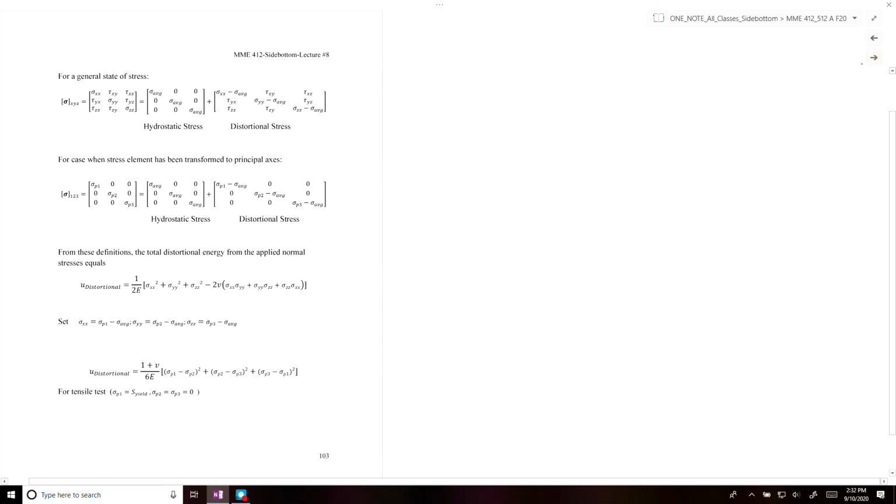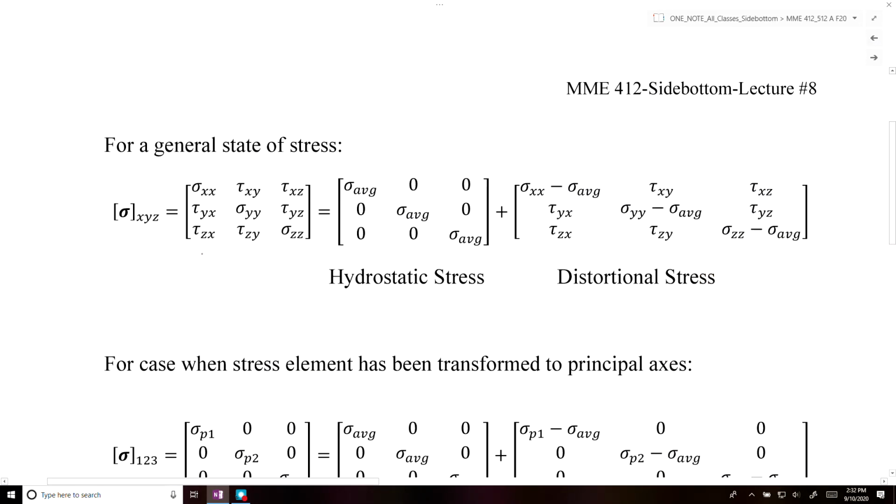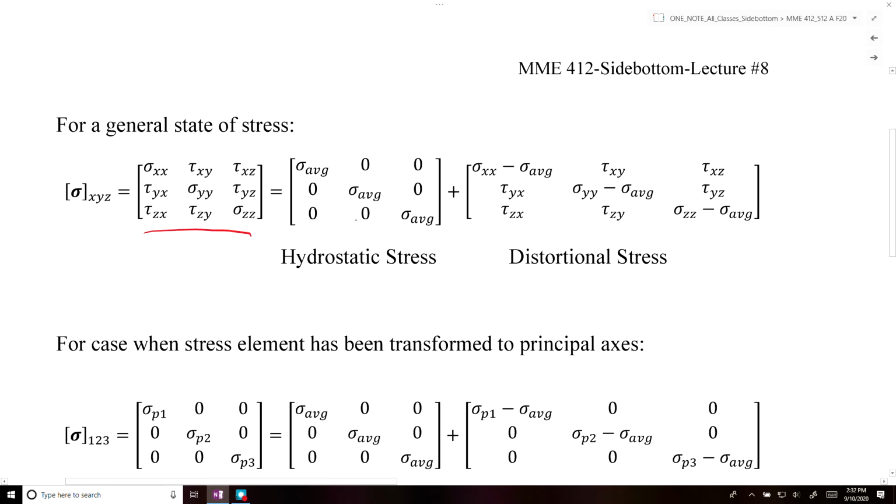If we go to the next page, we can take our given state of stress and split it into the addition of our hydrostatic stress, which is just the average stress we defined on the last page, and then the distortional stress, which is just equal to our original stress, with the average stress subtracted along the diagonals.